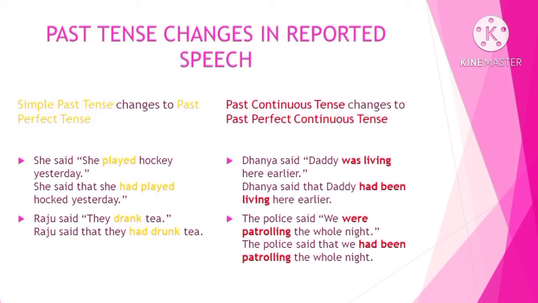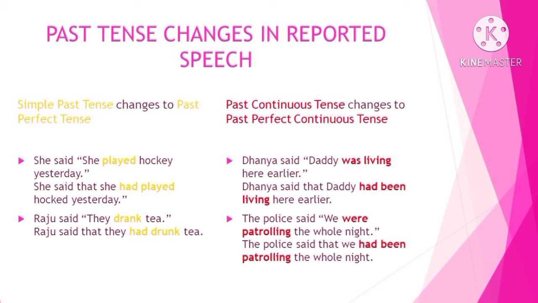So she said she played hockey yesterday. She said that she had played hockey yesterday. Raju said they drank tea. Raju said that they had drunk tea. So here the past form you have to be very careful.